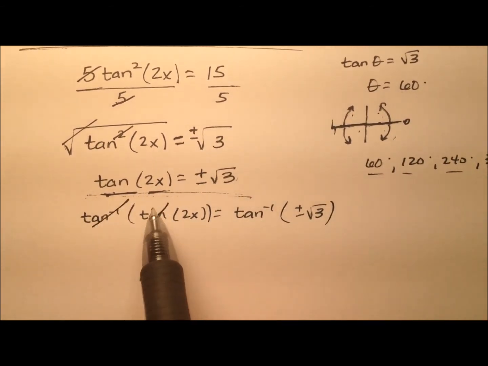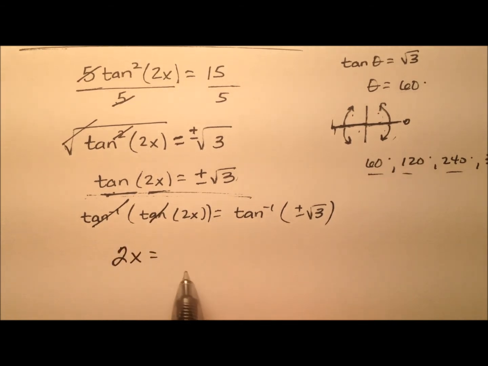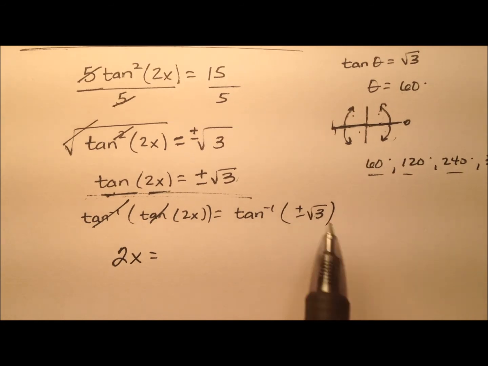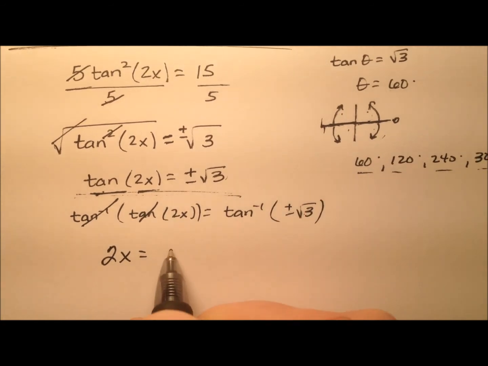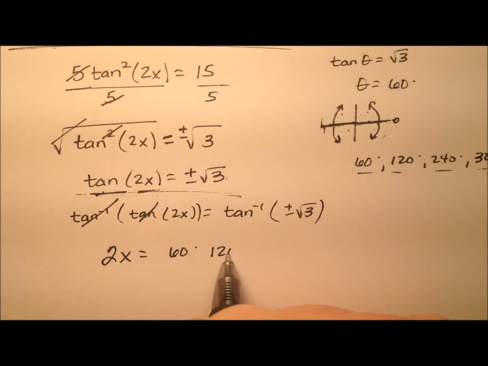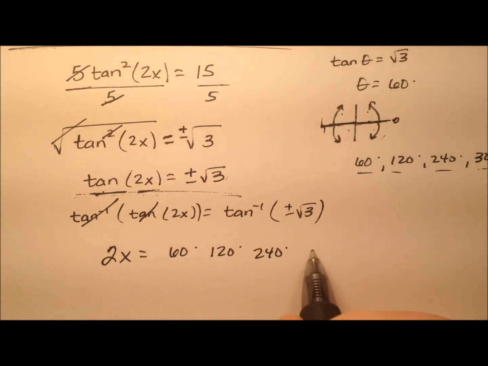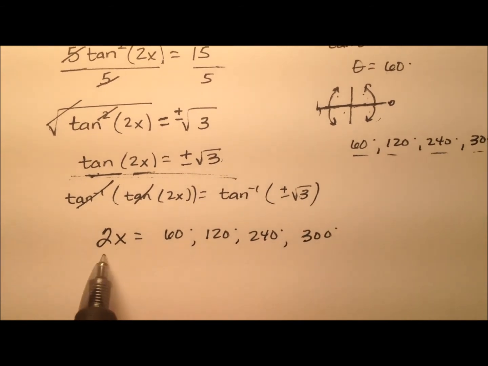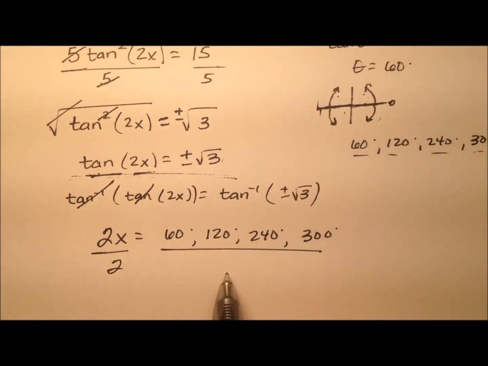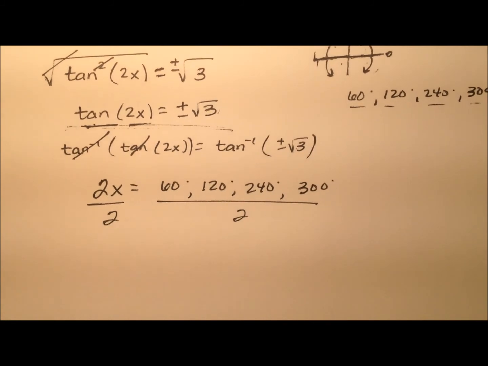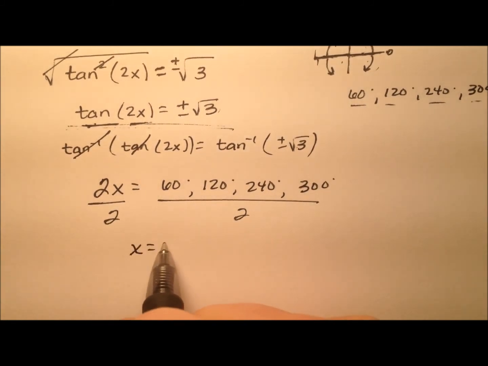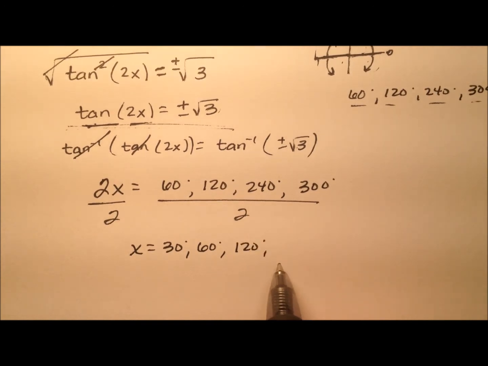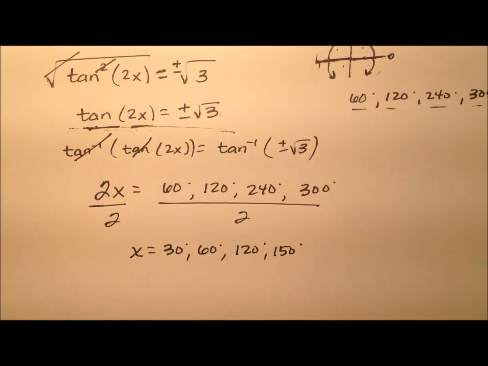And so these will cancel, and I have 2x equals the inverse tangent of the square root of 3, which actually gives us 4 values. And we just found those 4 values. So what am I doing with those 4 values? Well, I'm going to go ahead and divide them all by 2. That gives me 30 degrees, 60 degrees, 120 degrees, and 150 degrees.